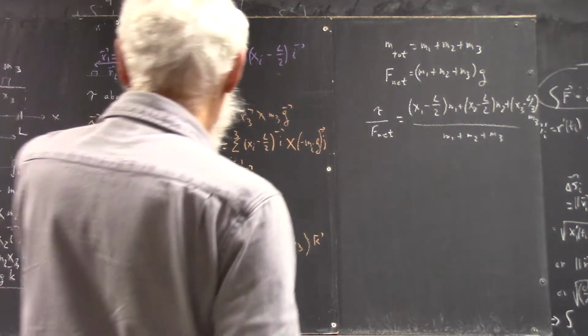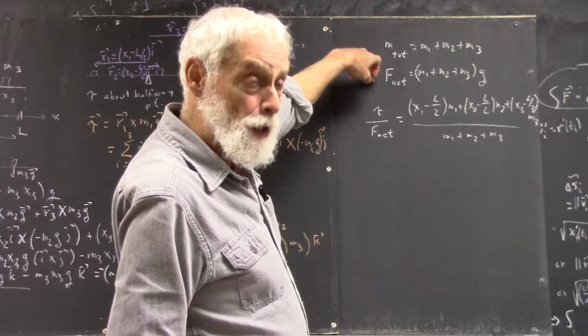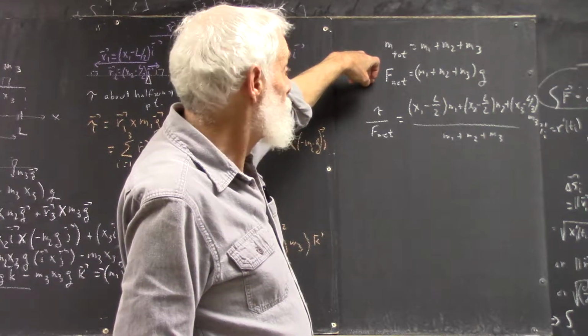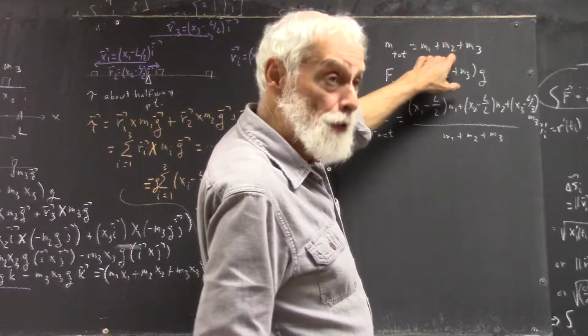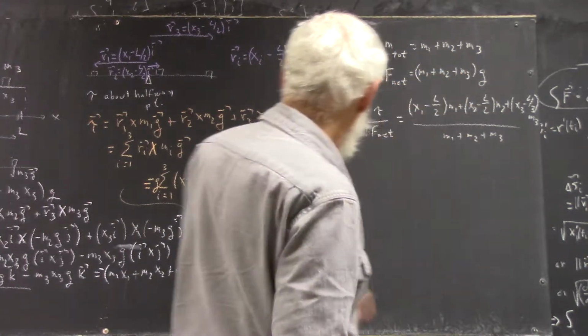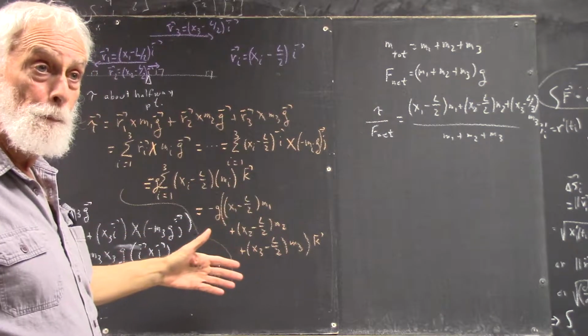Okay, so now we're going to do this. We're going to take the total mass, total force, net force. Net force is this, total mass is this, right? Net torque is this, magnitude of this, right?